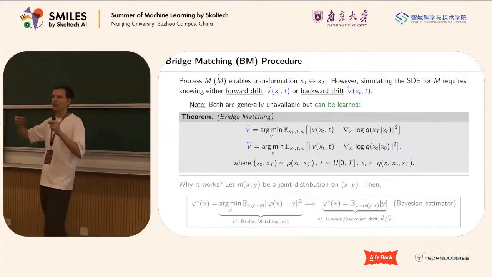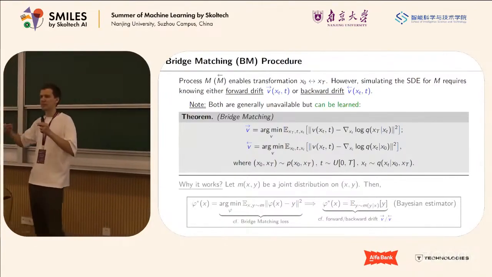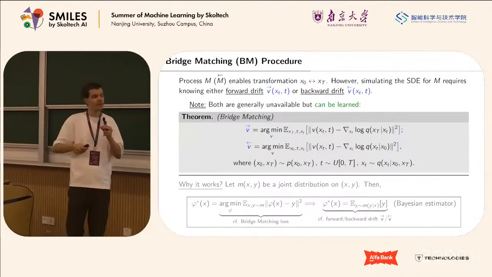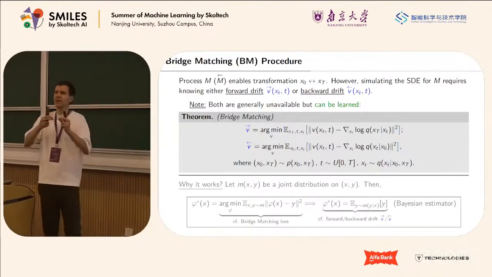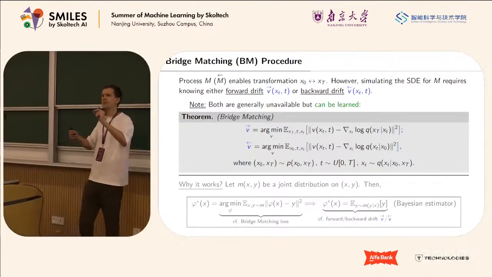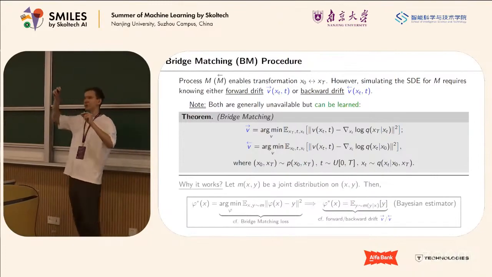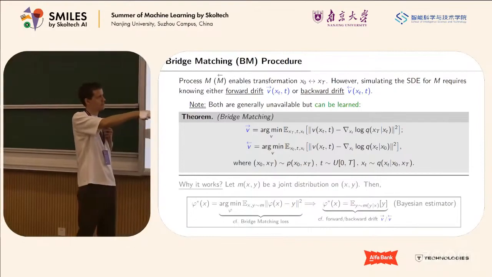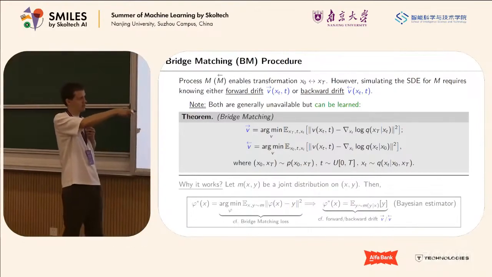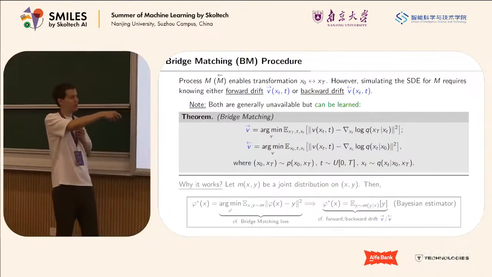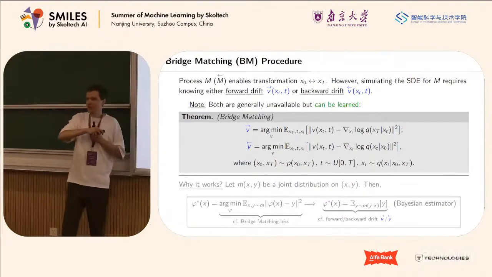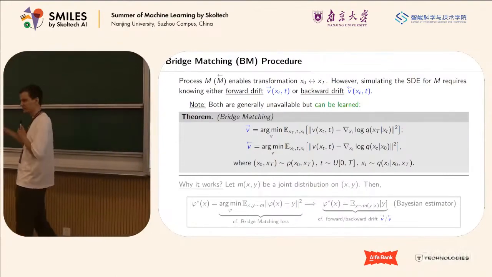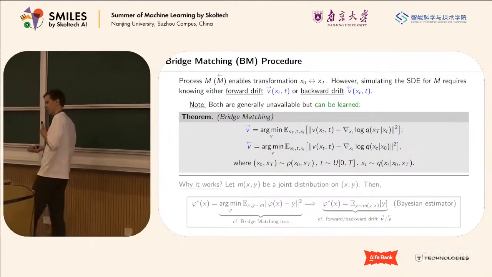Of course, how to sample this depends on the particular type of the bridge process. I will explain it in a few slides, but the main point is like in flow matching. We sample start point, we sample end point, we sample intermediate point, and we do some regression on some score function. And this term, which is shown here, is actually tractable. We'll see in two slides how to compute this and how it is related to flow matching.